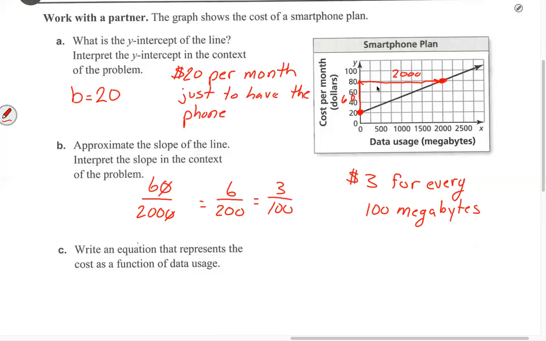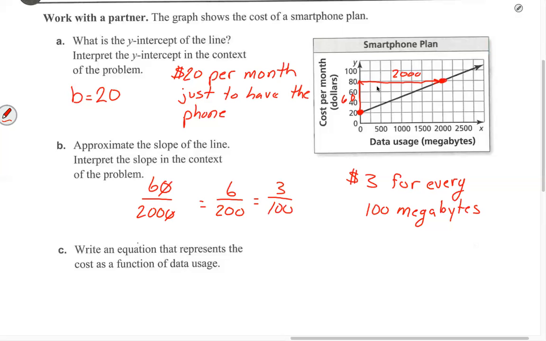which I don't know if you know. Do you think that's a good deal or not? You sure? Probably not. How many megabytes are in a gigabyte? Isn't it like 1,000? I think it's 1,000.